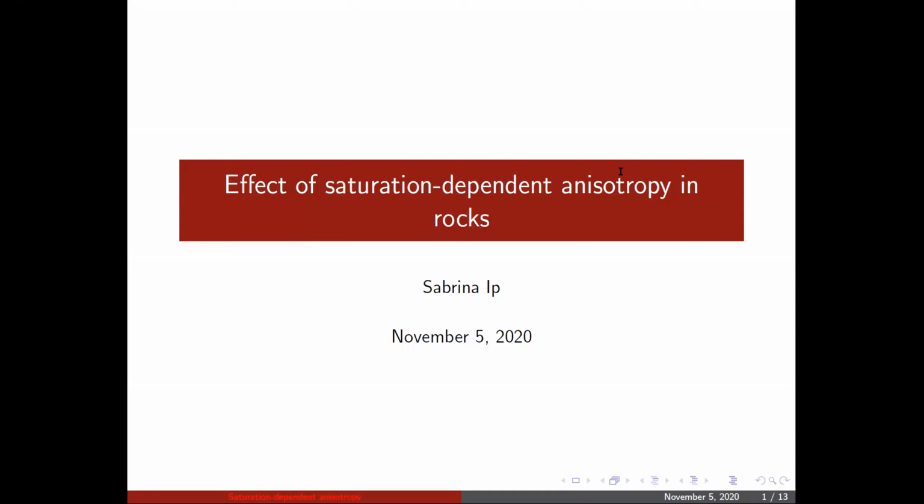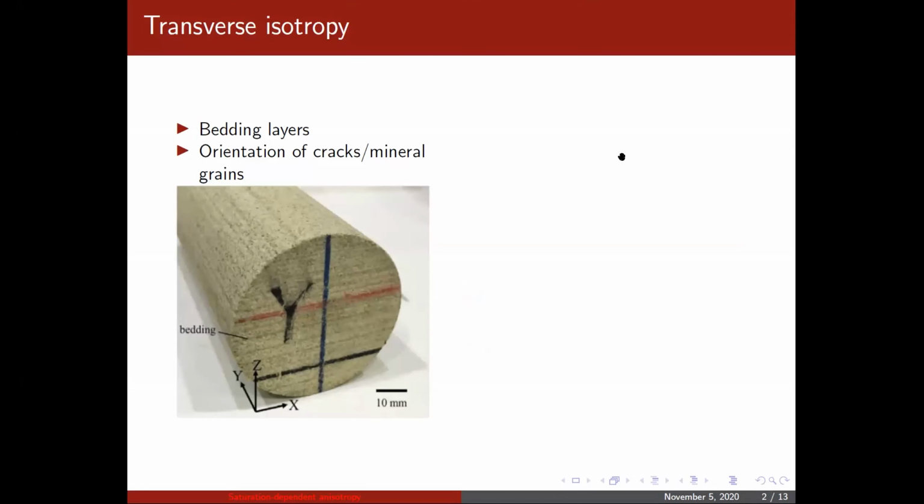So today I'm talking about my current research, which is the effect of saturation-dependent anisotropy in rocks. A lot of rocks, for example shale or slate, exhibit transverse isotropy in their material behavior. Depending on the process of deposition, some of them might have bedding planes. For example, we can clearly see stratification in this sample.